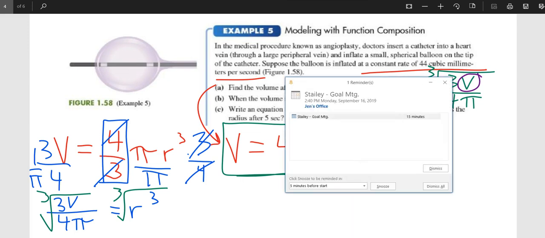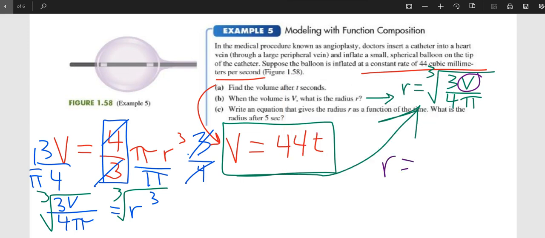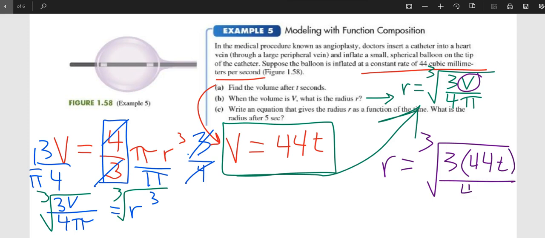Substitute for v. So I hope that you plugged in a 44t. And then you know what I hope you did? I hope that instead of multiplying 3 times 44, you said, oh, look, 4 goes into 44 11 times.